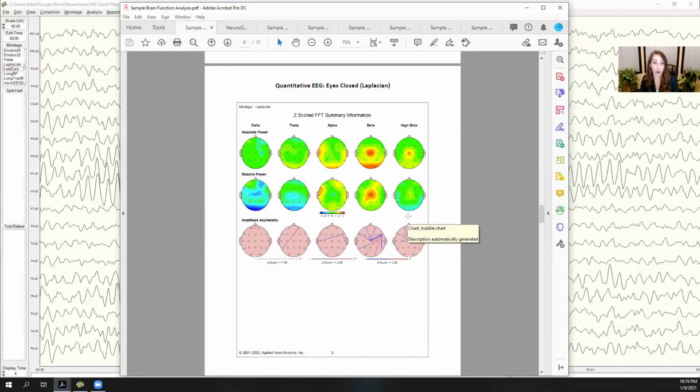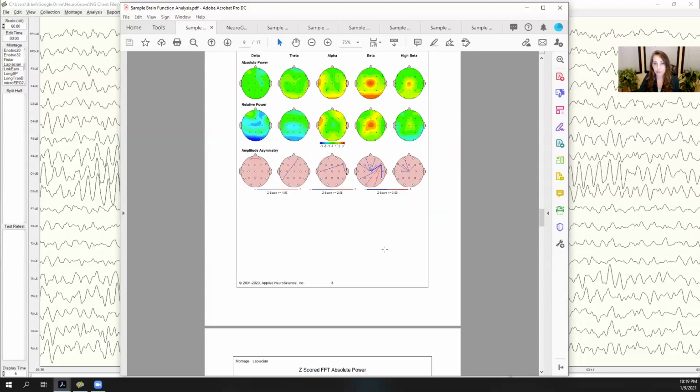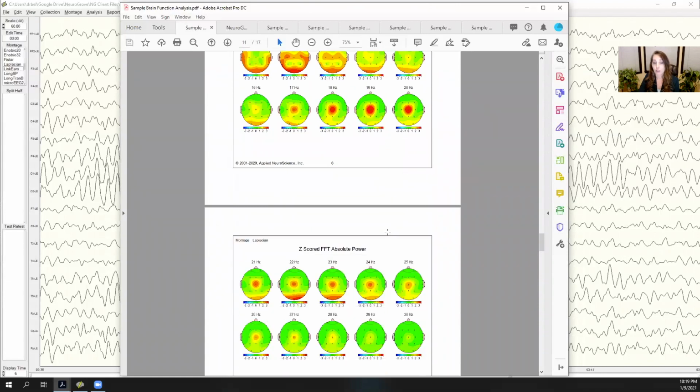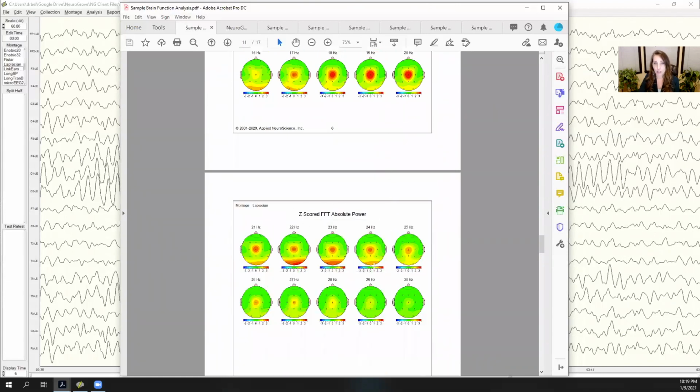Where is it the strongest and the farthest outside those healthy ranges? This one also reveals some more connectivity stuff, where we see, okay, this brain region is really having some issues between it and other parts of the brain. It's really imbalanced. Again, we would look at individual frequencies on that, and that would allow us to get very specific. So that's the QEEG that you're going to see.